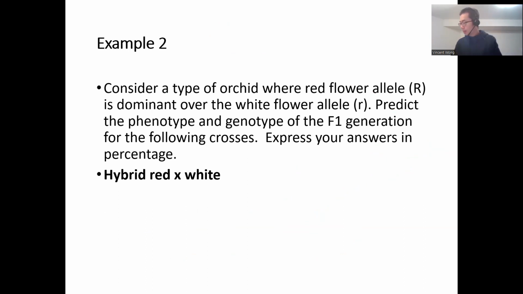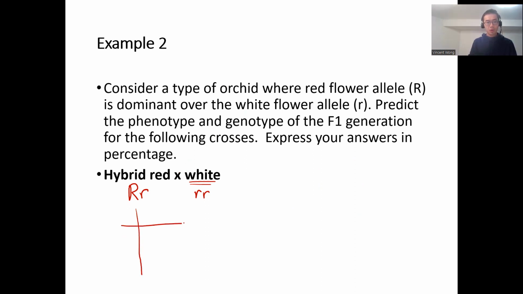Okay. So over here, hybrid red. Hybrid red is big R, small r. White. Again, I don't have to tell you if it's homozygous or heterozygous. White is pure for sure because it's recessive, right?